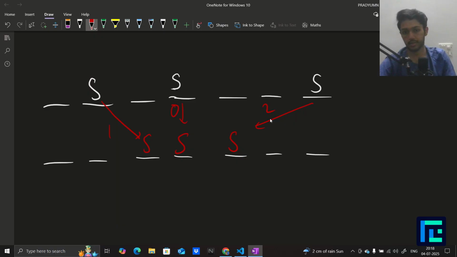So the answer is 1 plus 0 plus 2, which is 3. And in the previous one we were getting 4, so of course 3 is better. And in this case I can guarantee you that 3 is the actual answer. I will tell you why I'm saying that, but for now you can just trust me that 3 is the actual answer.